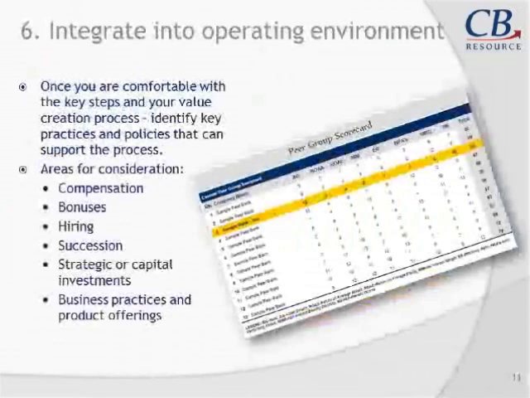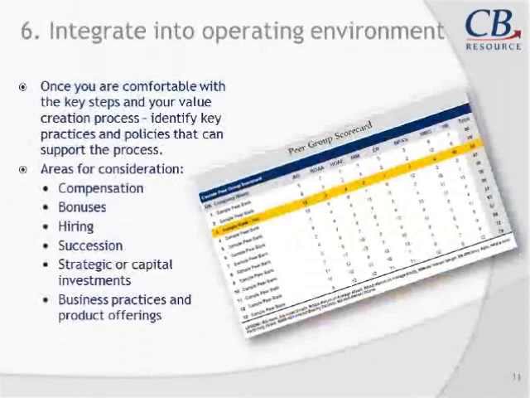If, for example, you set being in the top quartile as a primary goal for your bank, you can start looking at areas of the bank that can be tied or linked to that goal. For example, compensation plans can be tied to being in the top quartile. Bonuses. Your hiring practices may be influenced by what you either want to leverage or improve. Succession plans can be influenced.